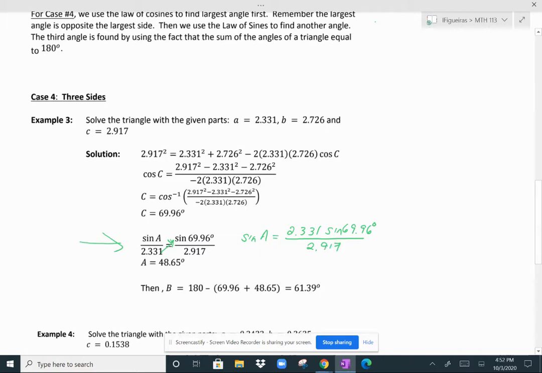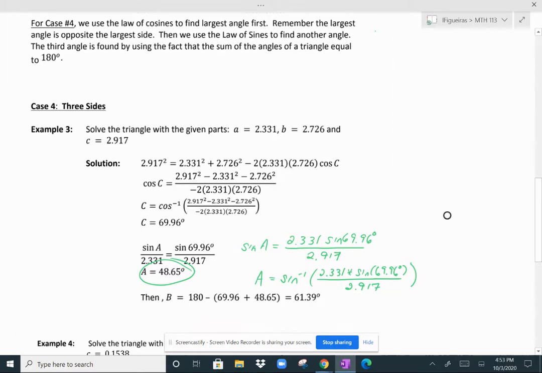Okay, but remember, we're solving for A, so that means you must take the sine inverse of that ratio, of that fraction. So it's arcsine or sine inverse of 2.331 times the sine of 69.96 degrees over 2.917.